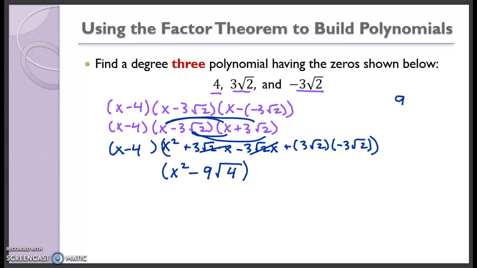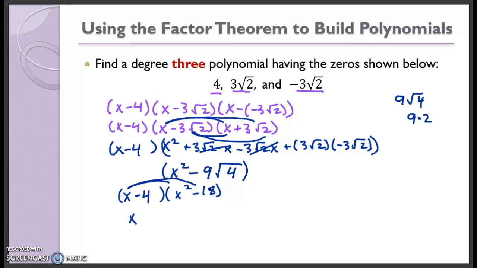Now 9 times the square root of 4 is 9 times 2. So this turns into x squared minus 18, and that's multiplied by x minus 4. That looks a little bit nicer, but we can simplify even more by multiplying that through.